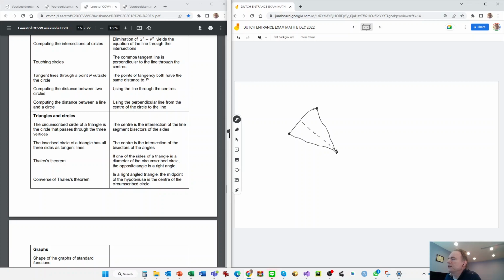The bisectors of an angle are just cutting the angle into equal parts, and the inscribed circle will go sort of here. So it's different from the circumscribed circle.